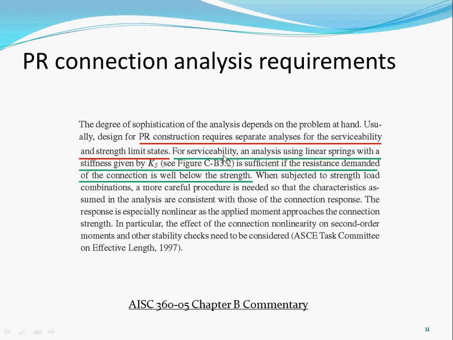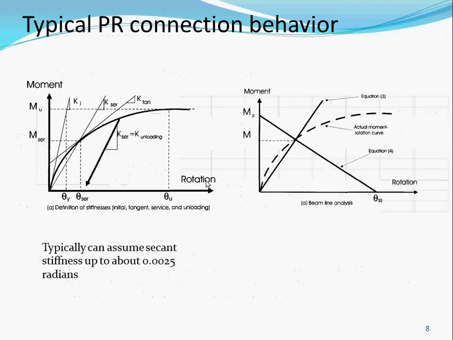For serviceability, they say the analysis using linear springs with a Ks, this is a secant stiffness we saw earlier, is sufficient if the resistance demand of the connection is below the strength. So Ks, I'll go back to what Ks means.